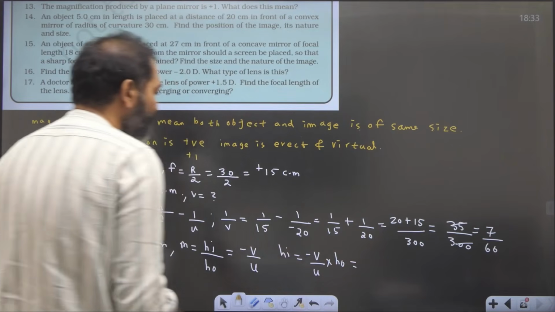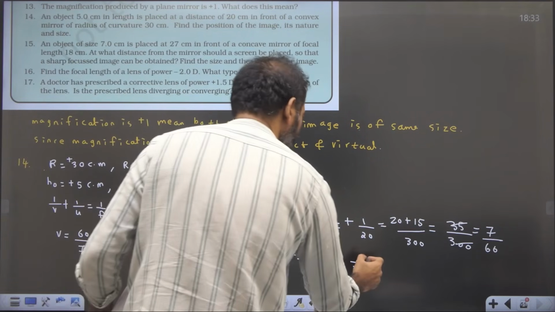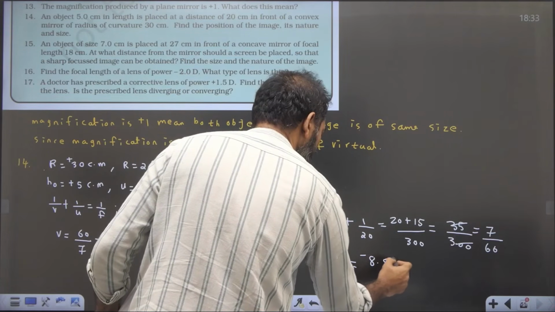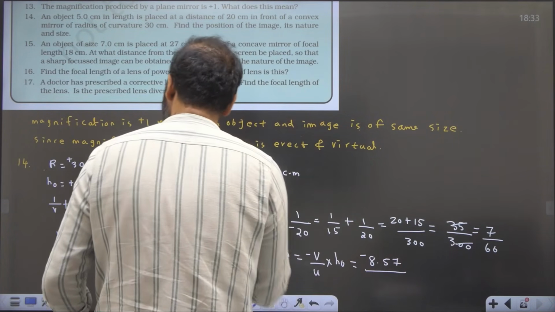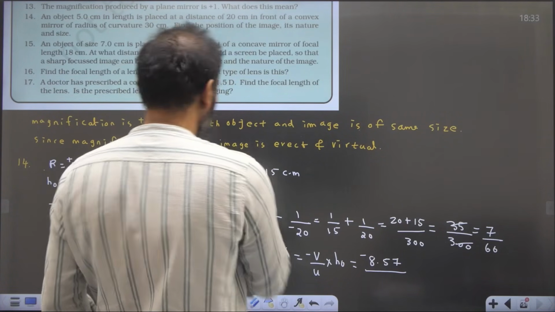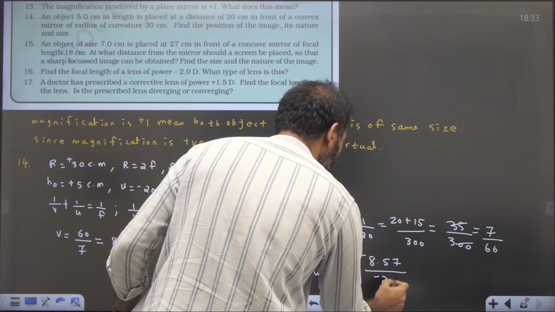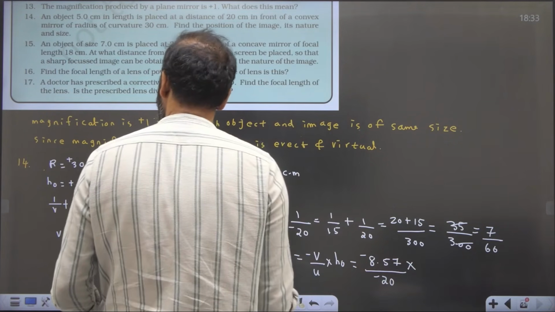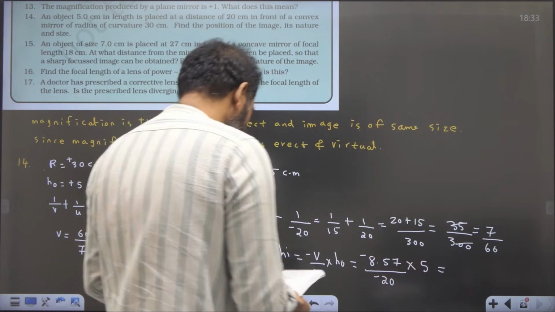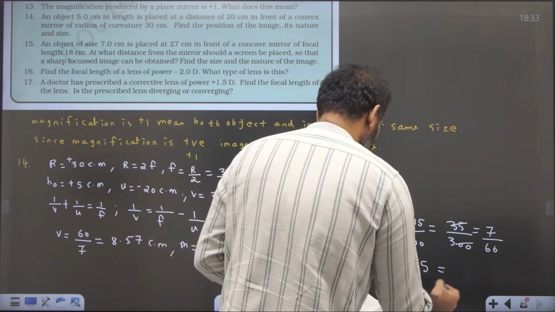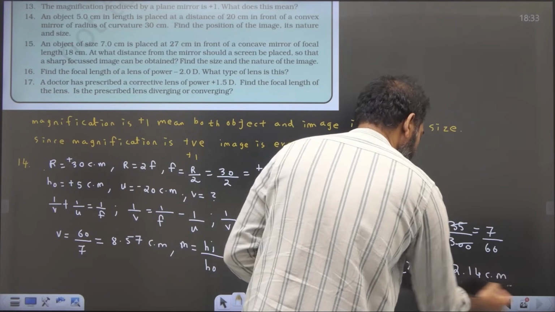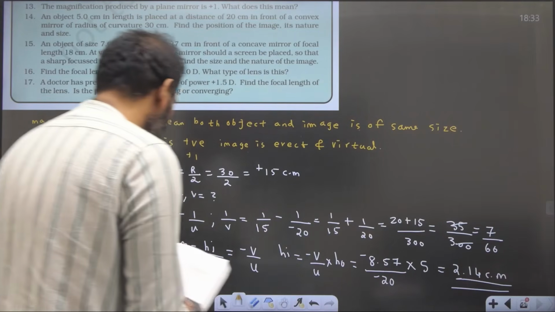That is minus of 8.57 divided by the object distance, minus 20, into height of the object, plus 5. If you solve that, you will get 2.14 centimeter. This is the height of the image.